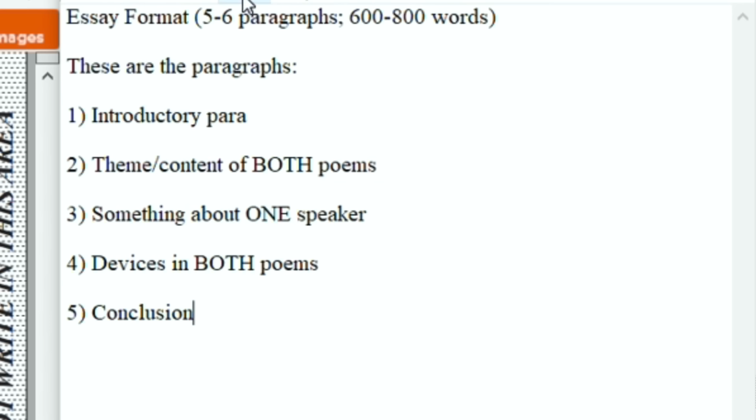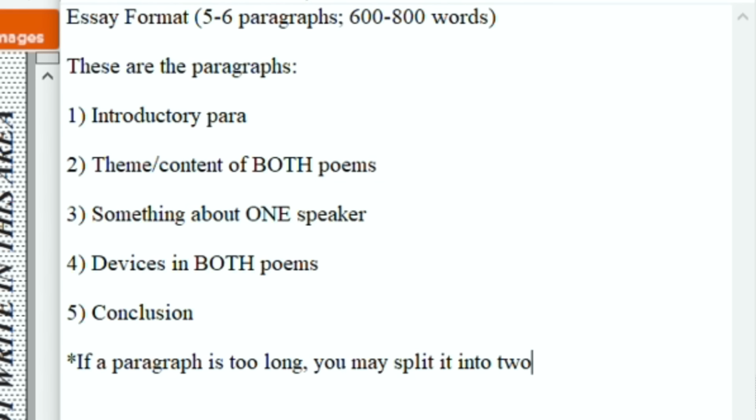Right, so you might notice that I have 5 paragraphs here, yet I say 5 to 6 paragraphs at the top. Let's make a little note here. If a paragraph is too long, you split it into 2. Try not to go over.